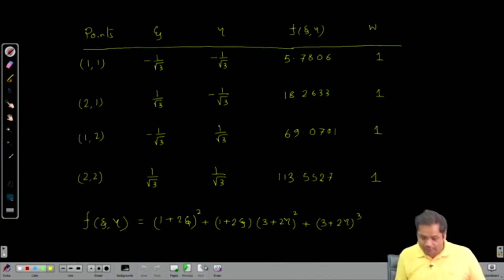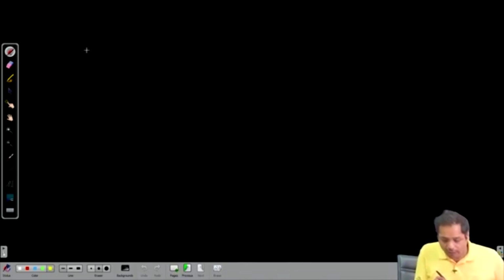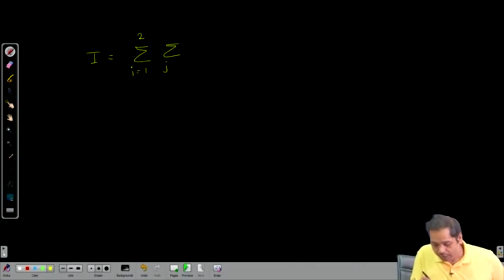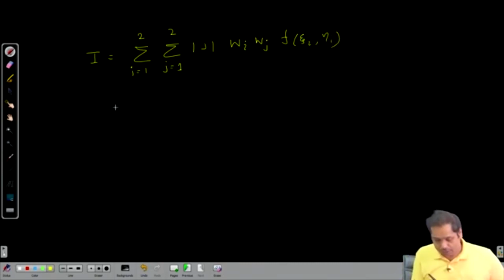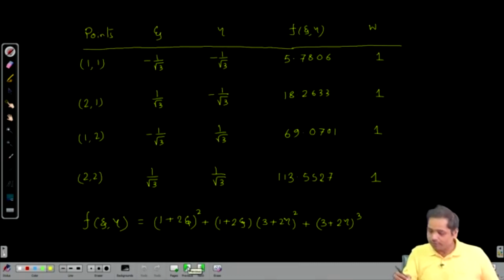Now the integration is what? Integration will be the summation of i equal to 1 to 2, summation of j equal to 1 to 2, and then Jacobian, which for us is constant, so let us write it here, wi and wj, then function of xi i and eta j. Okay, so this is all these 4 terms, multiplied with wi and wj which are 1, 1, 1, 1.